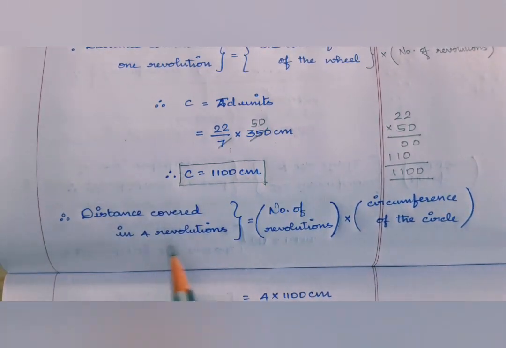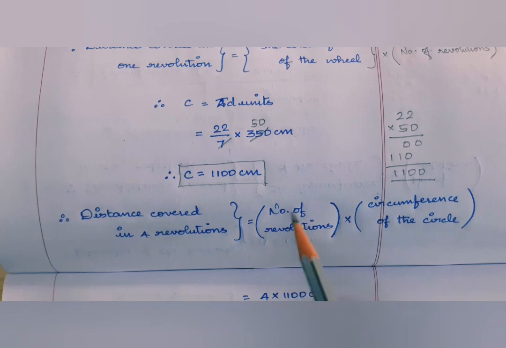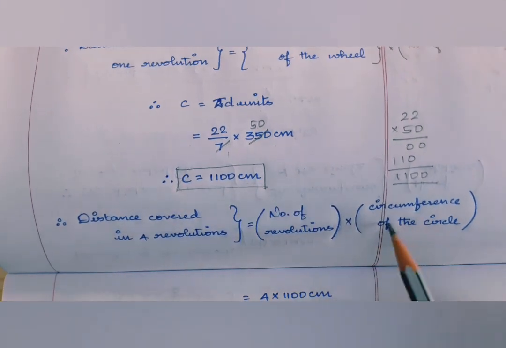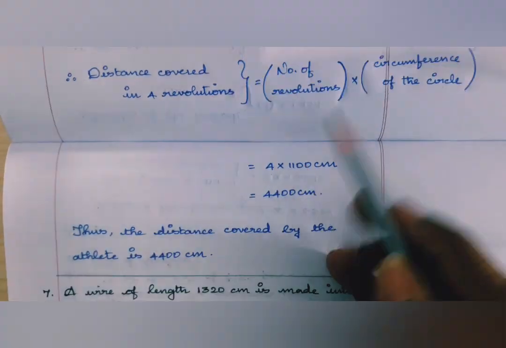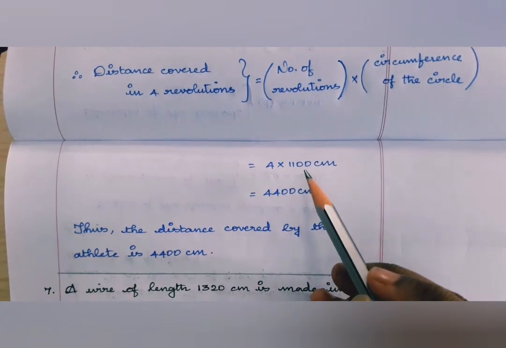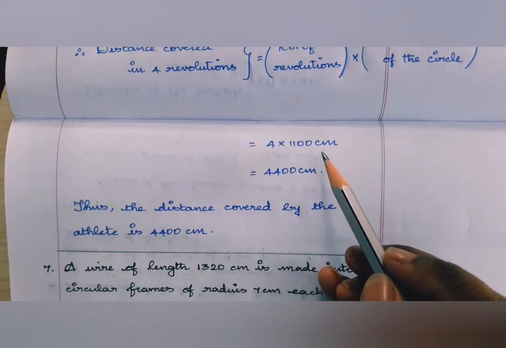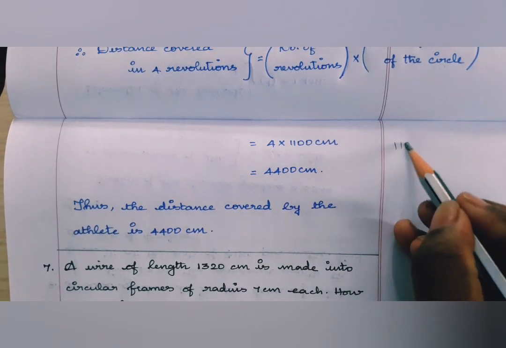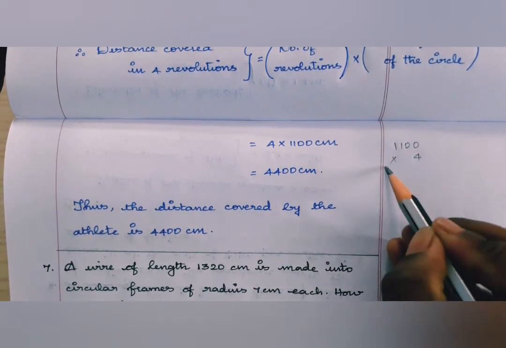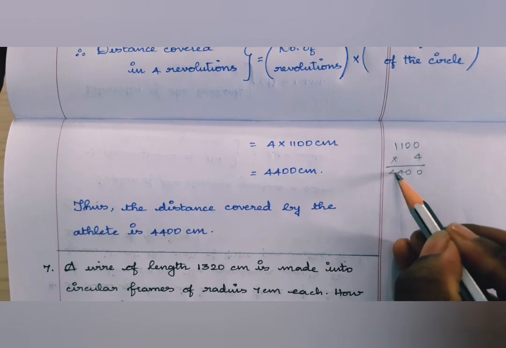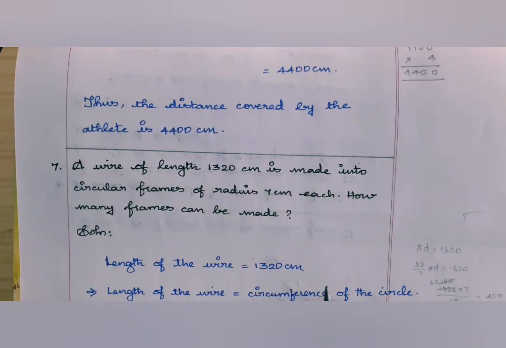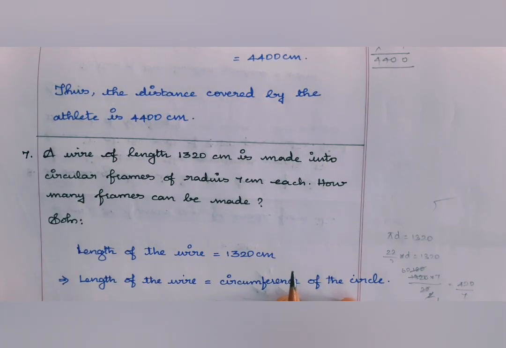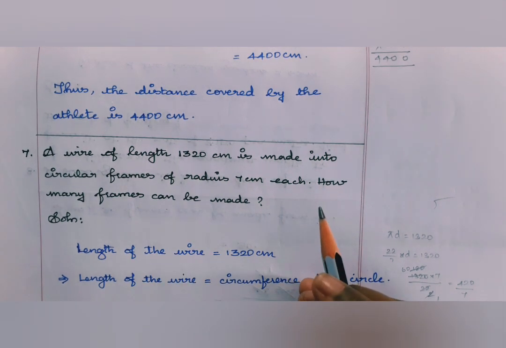Therefore, distance covered in 4 revolutions is the number of revolutions into the circumference of the circle. So, 4 into 1100 centimeter is 4400. 1100 into 4 gives you 0, 0, 4 and 4. Thus the distance covered by the athlete is 4400 centimeter.